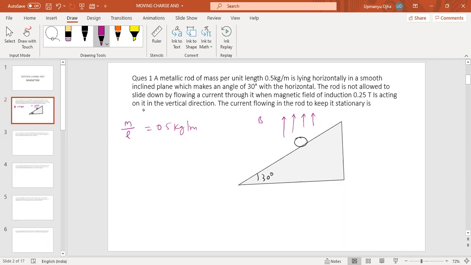Now, can you tell me what is the direction of the force due to the magnetic field on this rod? How can you find how much force would be acting?